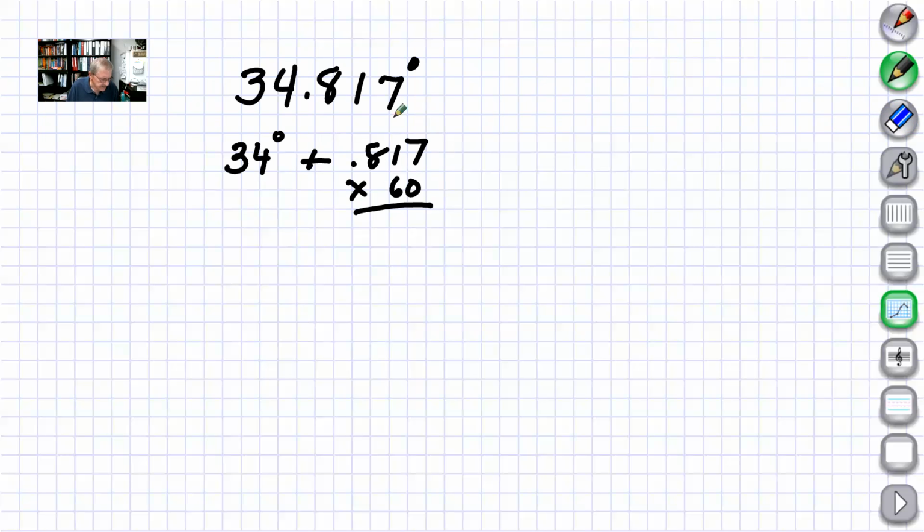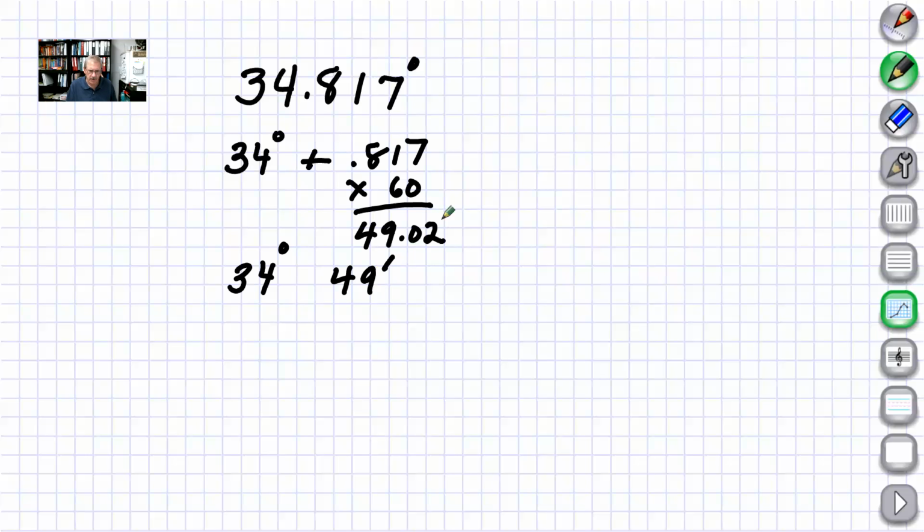We do this on our calculator, we get 49.02. Okay, so this really means that we have 34 degrees, 49 minutes.